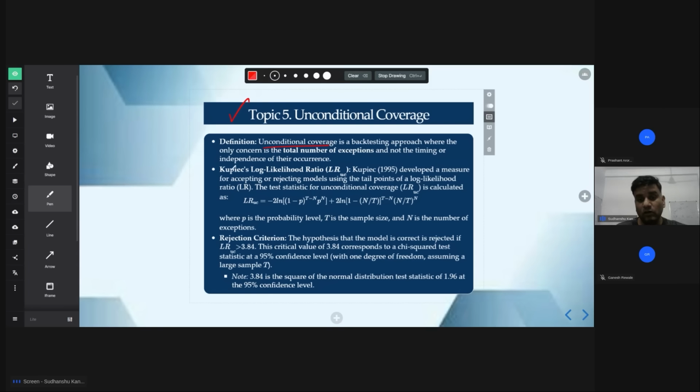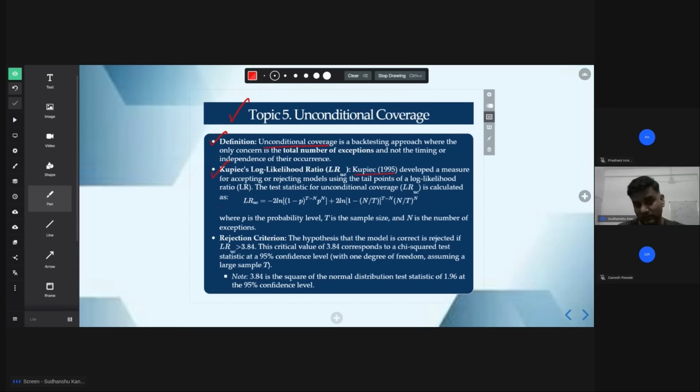Then there is something called the Kupiec test, which we saw earlier. I wrote it down. Kupiec proposed a statistical test to determine whether the observed number of exceptions is consistent with the expected number or not. So you studied unconditional coverage. Now you're studying a similar test, the Kupiec 1995 test. This is called the Kupiec likelihood ratio test for unconditional coverage, which is LRUC, right?